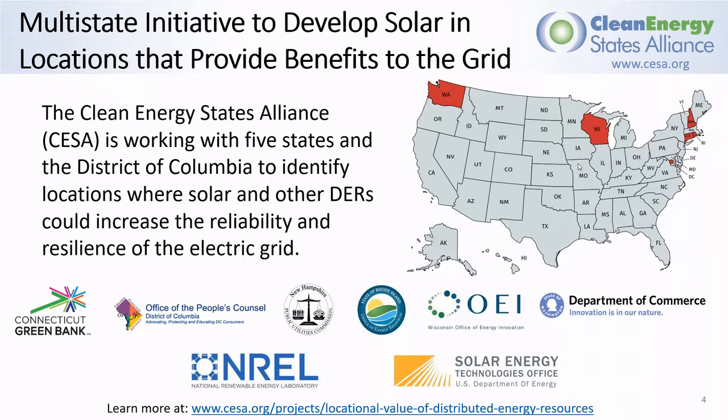In Connecticut, it's the Connecticut Green Bank. In DC, it's the Office of the People's Counsel. In New Hampshire, it's the Public Utilities Commission Sustainable Energy Division. In Rhode Island, it's the Office of Energy Resources. In Washington State, it's the Department of Commerce, the State Energy Office. And in Wisconsin, it's the Office of Energy Innovation.